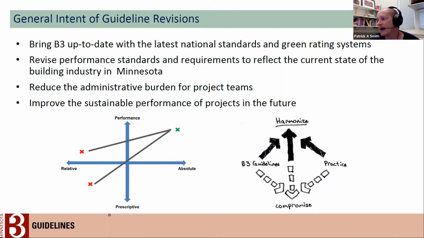We're also keeping an eye on the administrative burden for project teams, because we want a higher impact process, but one that doesn't get bogged down in moving paper around. And overall, the aim is to improve the sustainable performance of these projects moving forward. That's the overarching way we look at the guideline updates process.